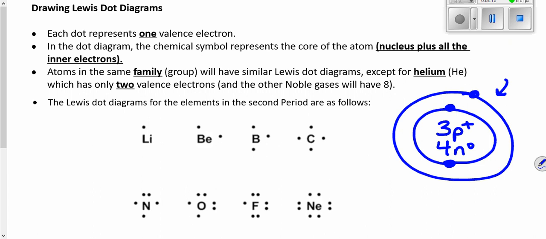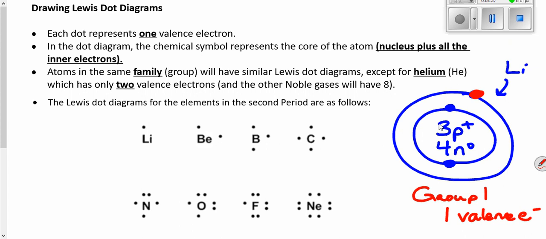Now this is lithium, and that's a lot of work just to draw lithium, especially since only this electron is the one that's available for making bonds. So the easier thing to do is to say, because lithium is in group 1, it's an alkali metal, we know that it will have 1 valence electron.